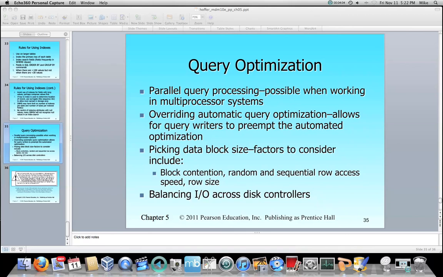That means I have 50 different disk controllers that can read the data for that table off of the disks at the same time. If I had all of the data for that table on one disk, it would take 50 times longer than if I stripe that data across 50 different disks, because I have 50 different disk controllers reading the data at the same time. So all of those are various techniques to perform query optimization.